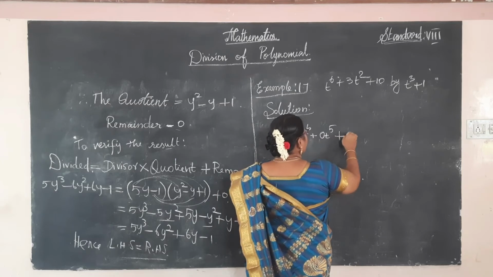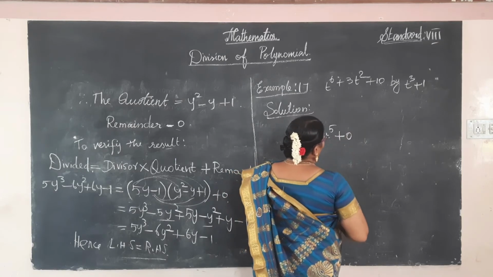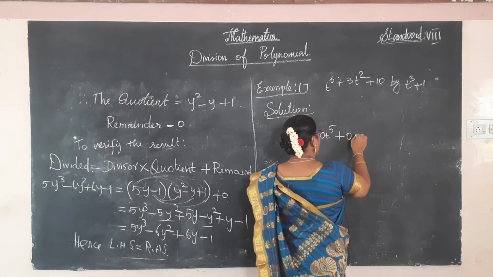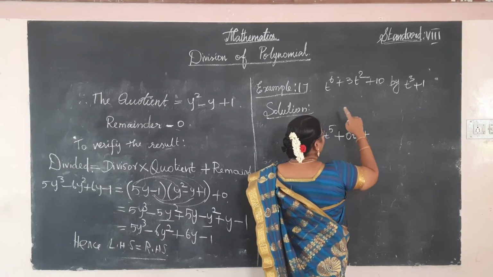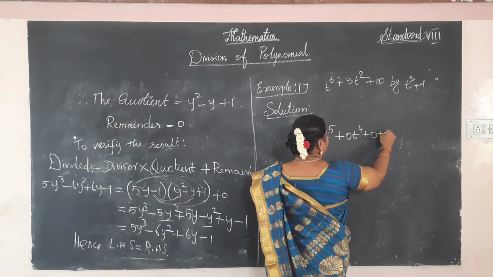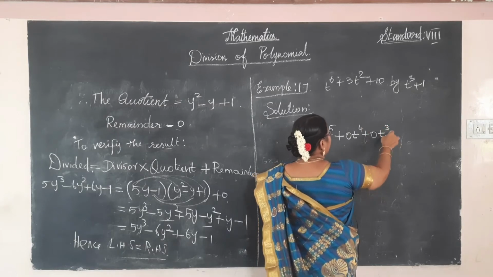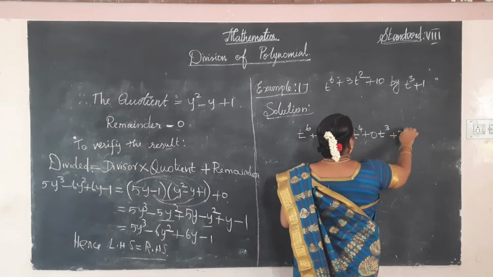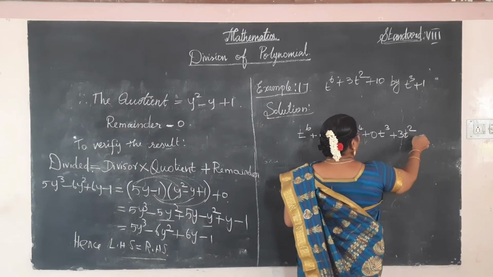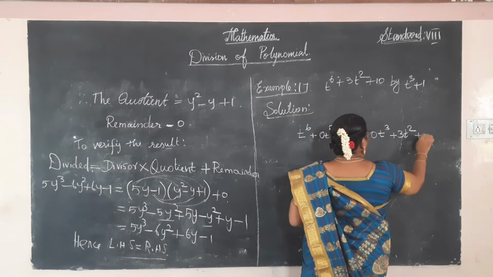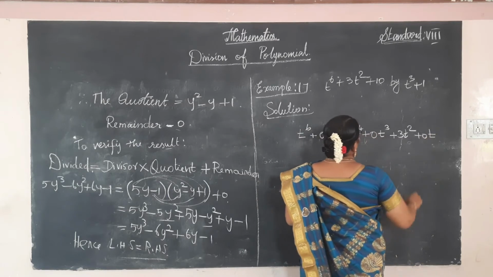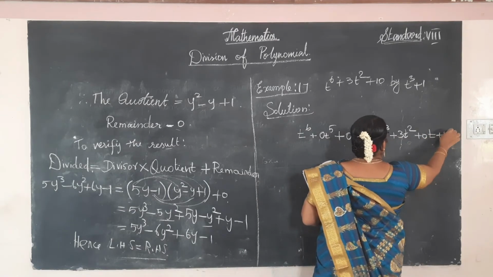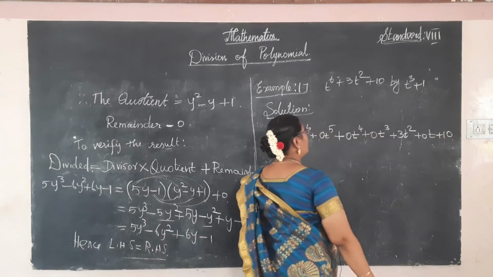Plus, and the next power, 4, is also not there, so 0 into t power 4, and the cube term is also not there. Next, the square term is given, 3t square, and the t term is not given, so in this place insert 0 t, and then the constant term.